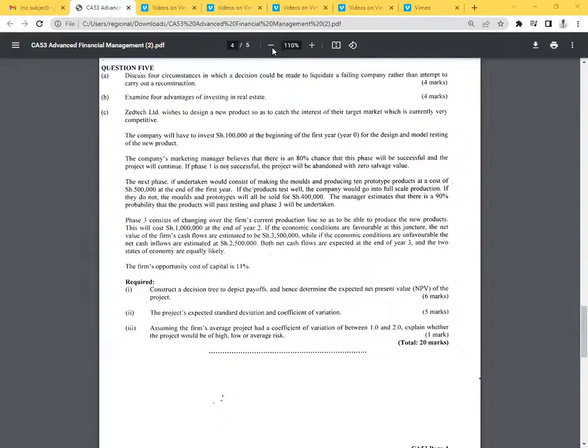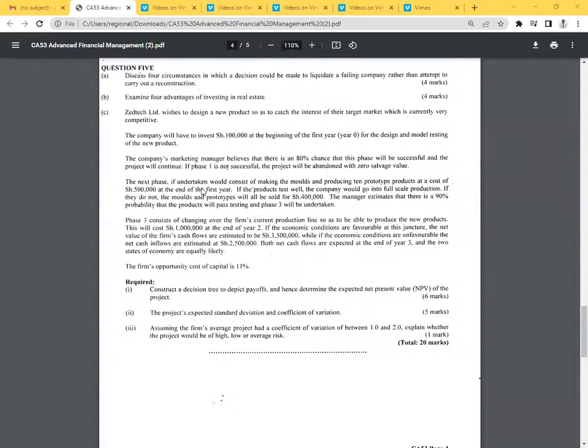Great. So I believe, ladies and gentlemen, that you have attempted it, and now Mwalimu should be able to finish it off. So what are we told here? TJ Limited wishes to design a new product so as to catch the interest of their target market, which is currently very competitive.